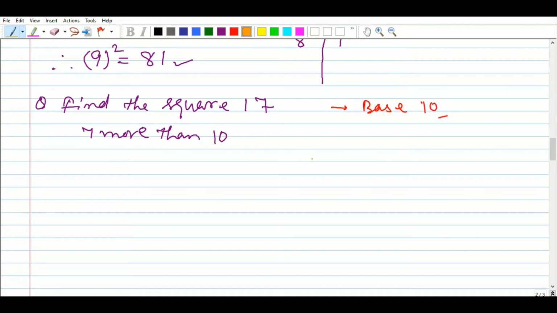Again draw that line. Then 7 times 7 is 49. Very good. We are taking base 10. So in the right hand side only one digit we will keep. 9 is your answer, and 4 is your carry. Now what will we add here?